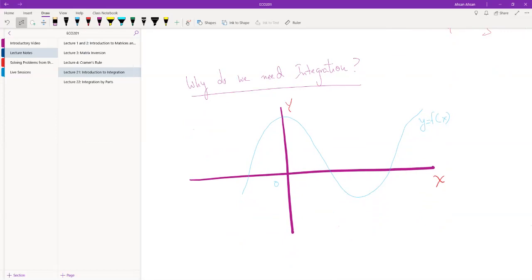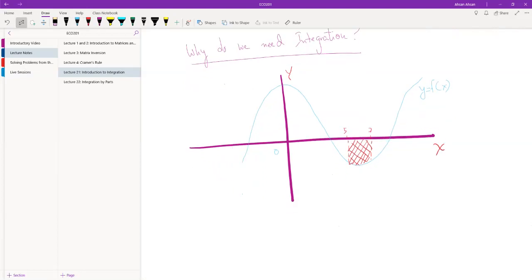So, suppose we want to calculate the area in this range. We want to calculate this area, okay? How would we do that? Suppose this is 5, this is 7, okay?